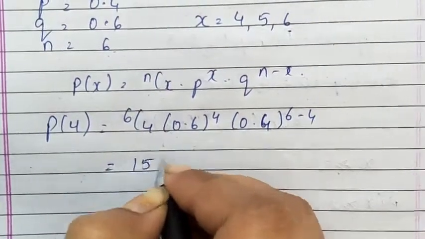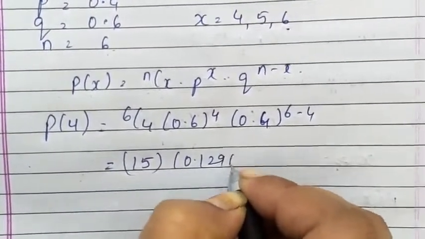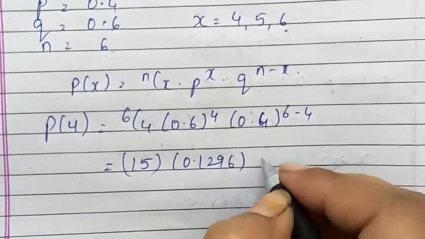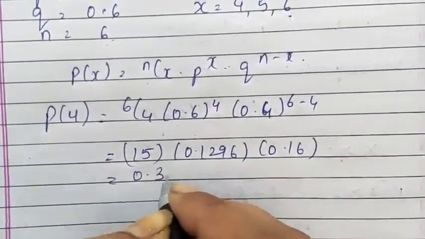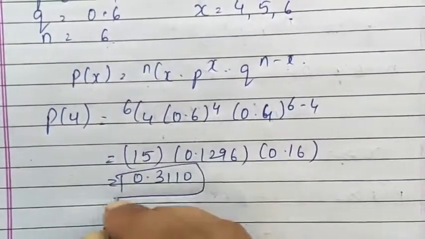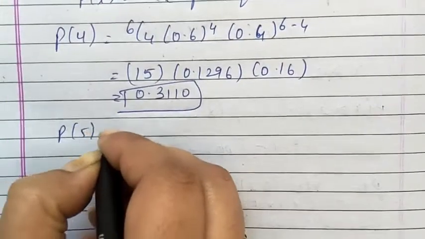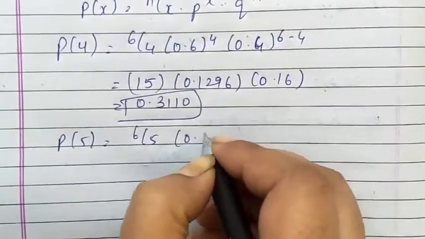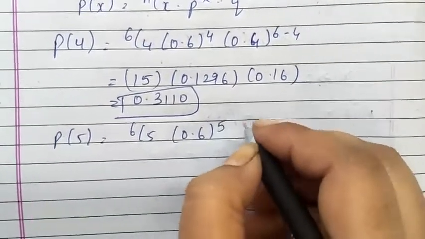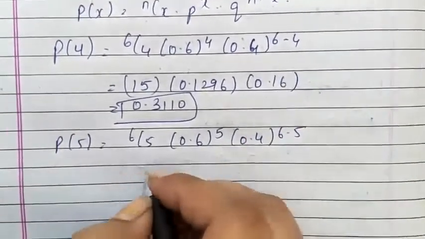So that gives us 15 into 0.1296 into 0.16. So the answer comes to 0.3110. Now we will find P(5). 6C5 into 0.6 raised to 5 into 0.4 raised to 6 minus 5.